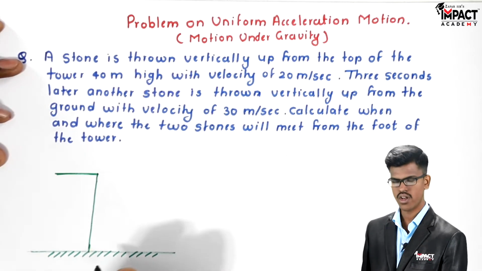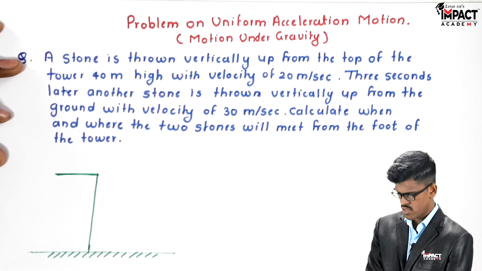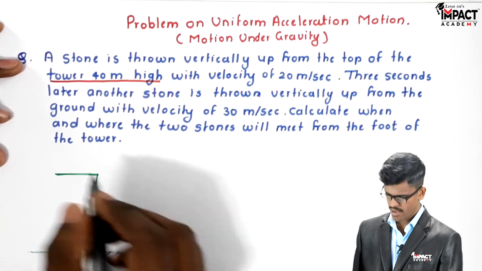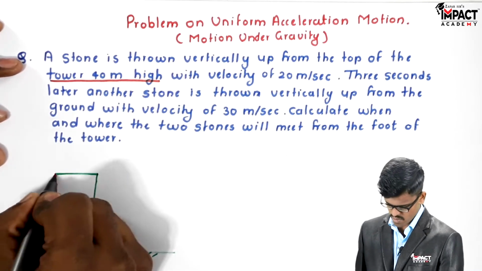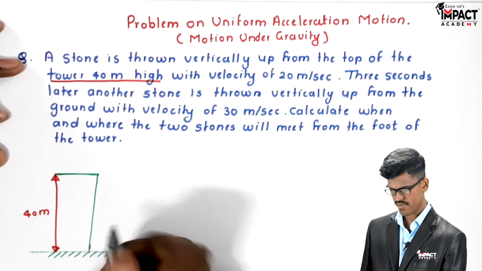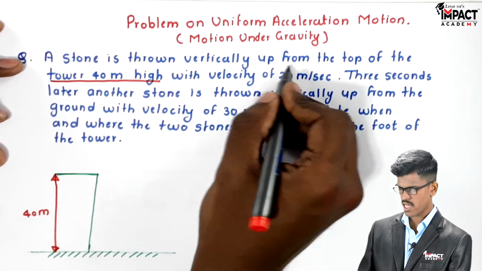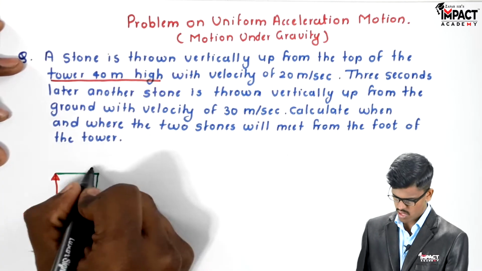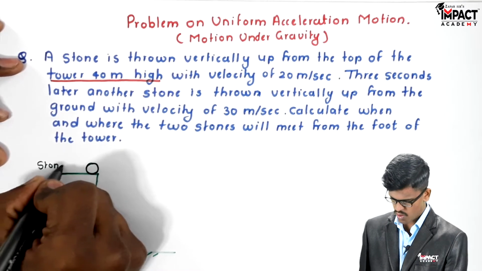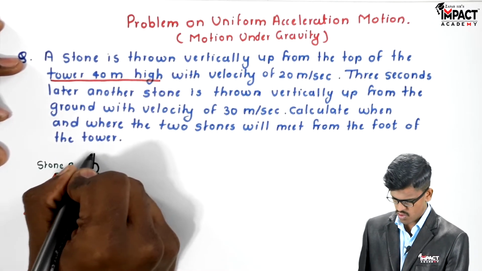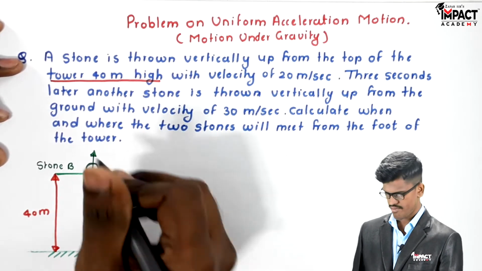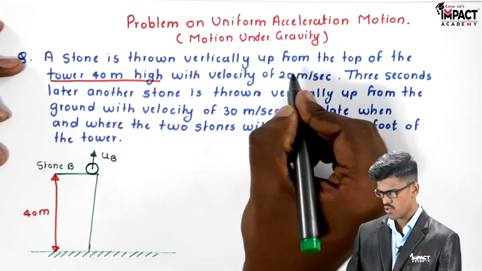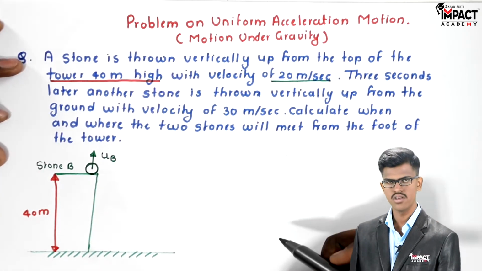So this is a tower, and the tower has a height of 40 meter. A stone B is thrown vertically up from the top of the tower with initial velocity UB, which has a value of 20 meter per second.